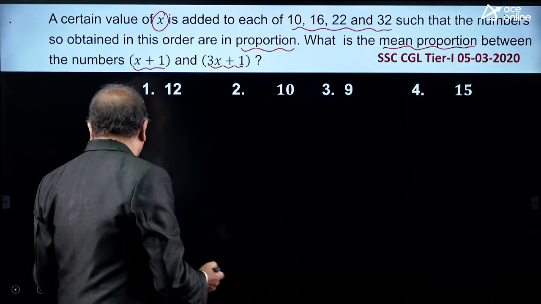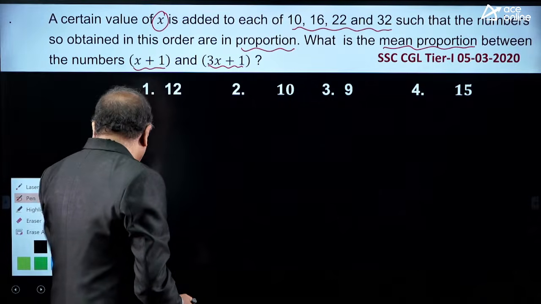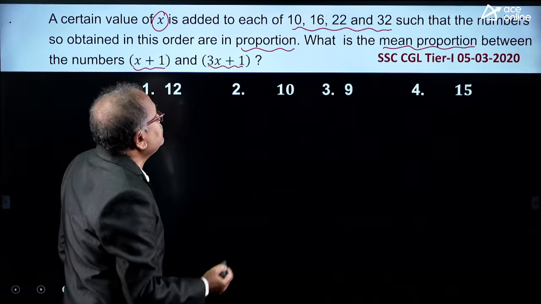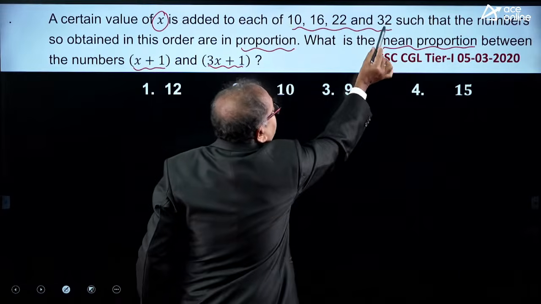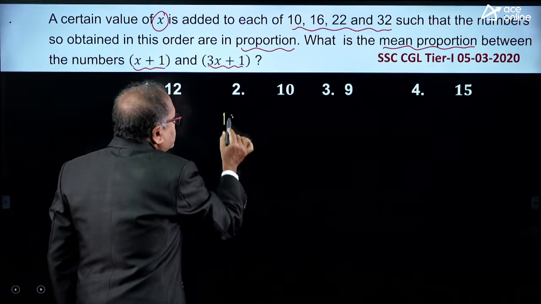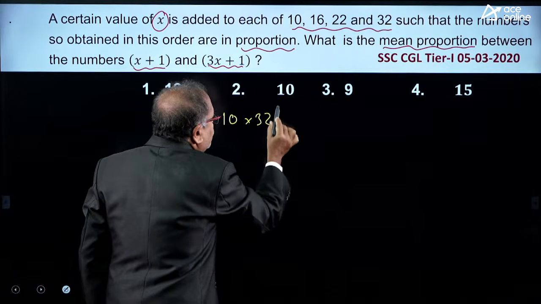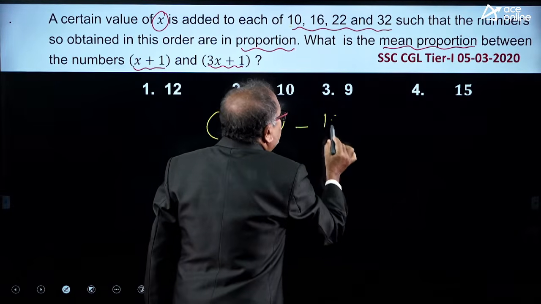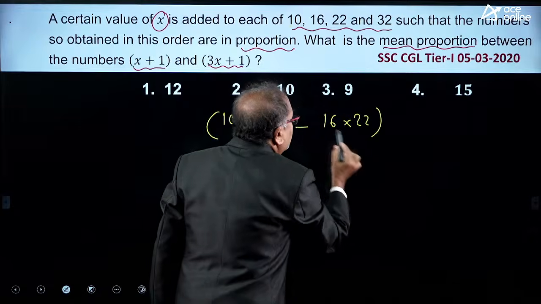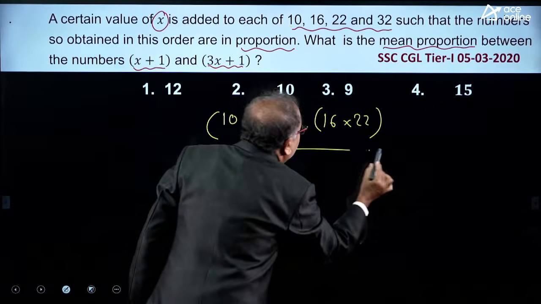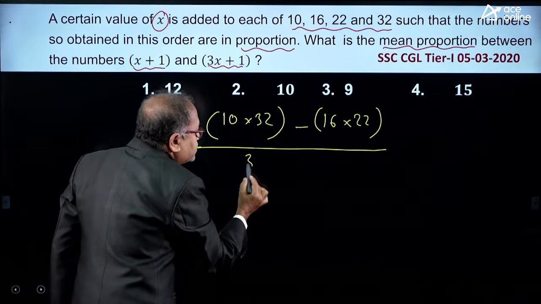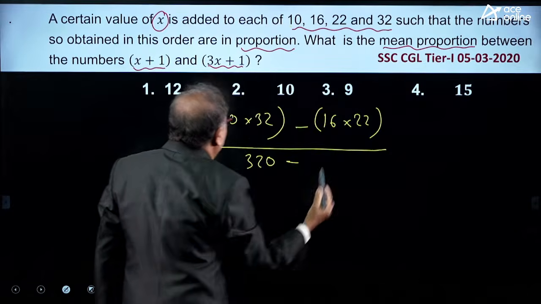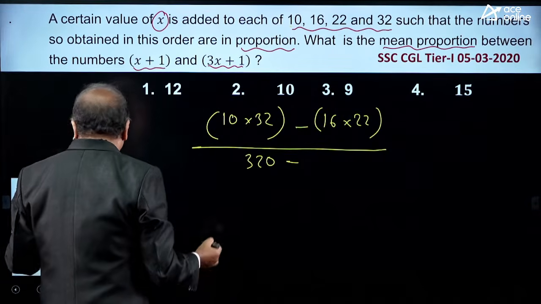Now I will respond to the question in the second method. And what is the second method here? Second method is 10 into 32 minus 16 into 22 by 10 into 32, that is 320 minus 16, no, it's a plus here.